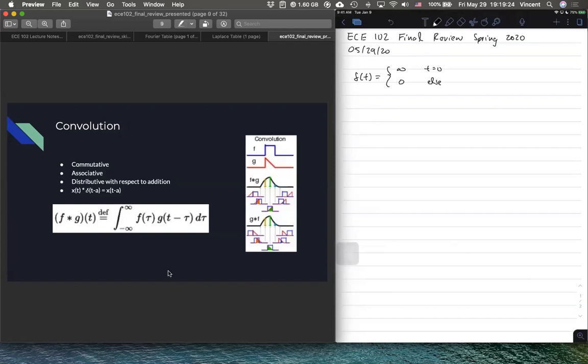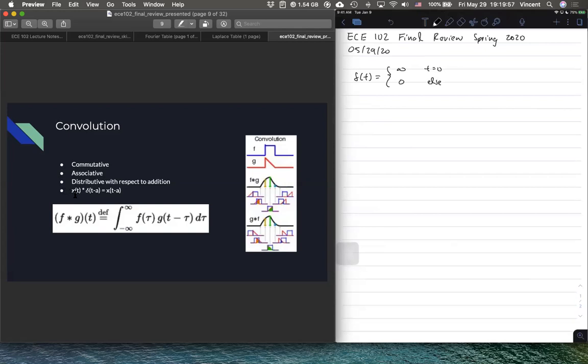The convolution is an operation that you can perform on signals. Some basic properties: it's commutative, so you can change the order that you use the operation on. It's associative, so you can move the parentheses around, and it's also distributive.